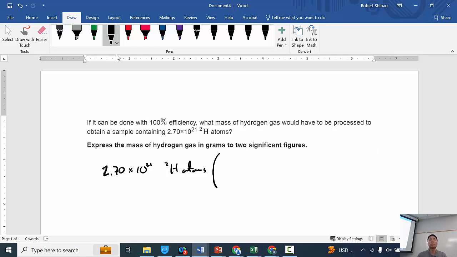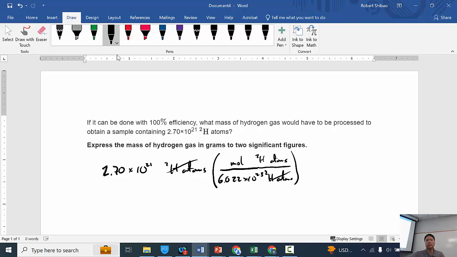We work with moles of particles. So the first thing I'm going to do is convert this to moles. So we'll have this many atoms per mole, which gets rid of the deuterium atoms.